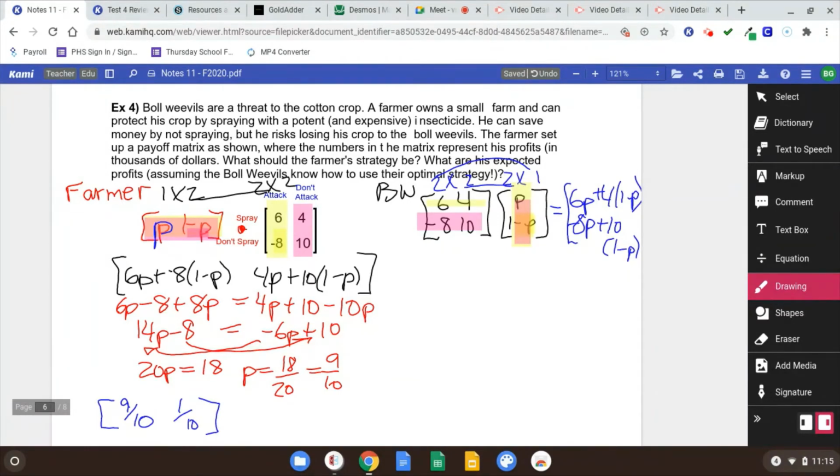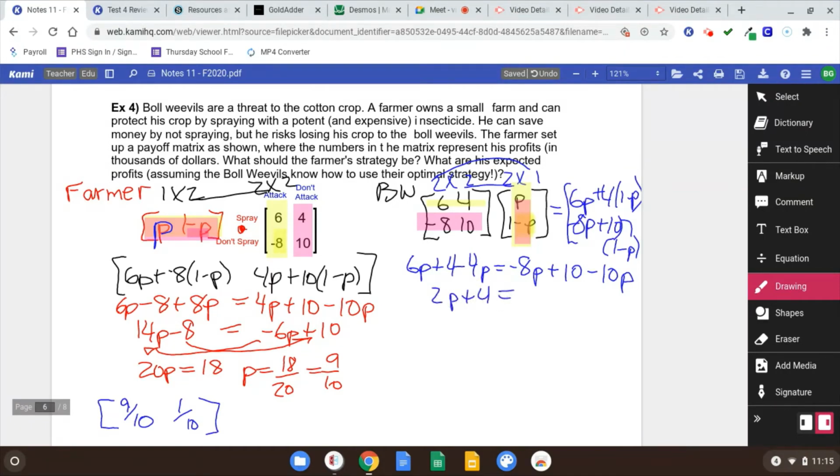All right, but we've got those two expressions. We set those two expressions equal to each other. So 6p plus 4 minus 4p, that's the one on the top, equals negative 8p, distribute the 10, so plus 10 minus 10p on the bottom there. So we set those two expressions equal to each other and just solve. On the left side, 6p minus 4p, I've got 2p plus 4.